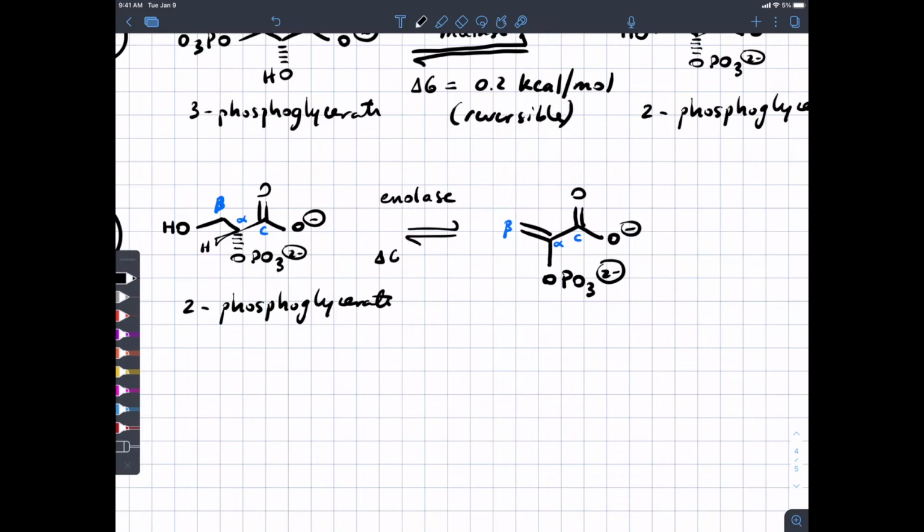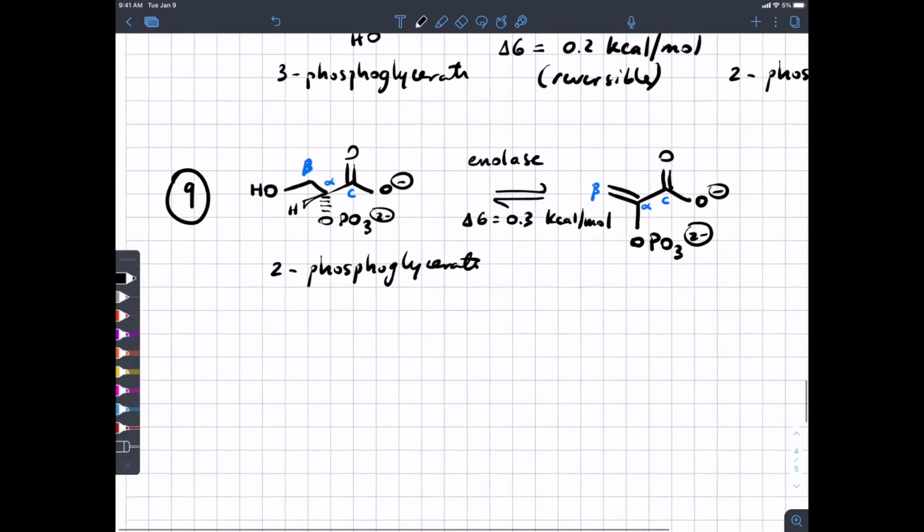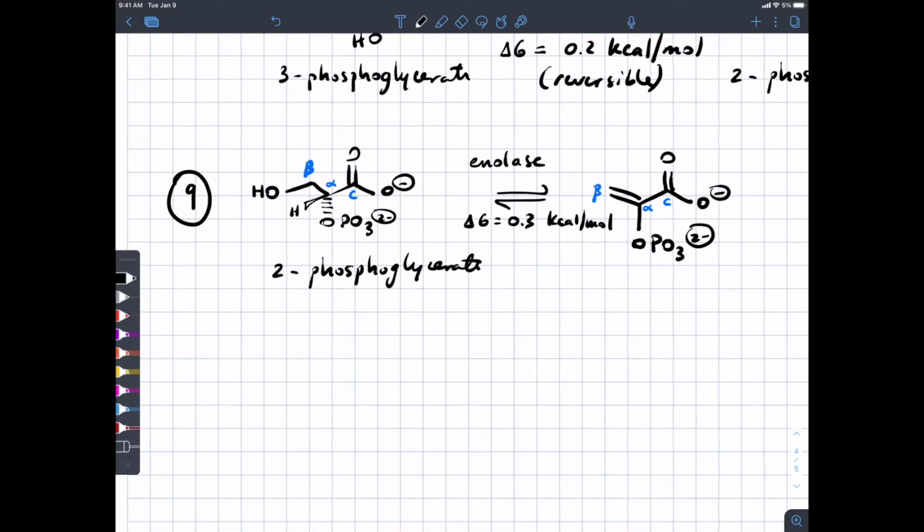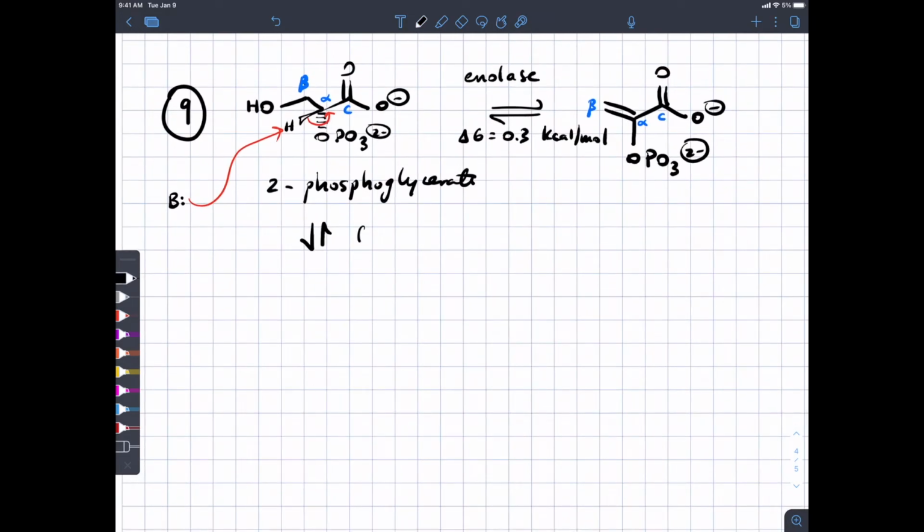This is also a reversible step, very small free energy change. And the mechanism is basically going to be the same as the dehydration mechanism in the aldol reaction. You will remove a proton first to make an enolate, and that step is fast.